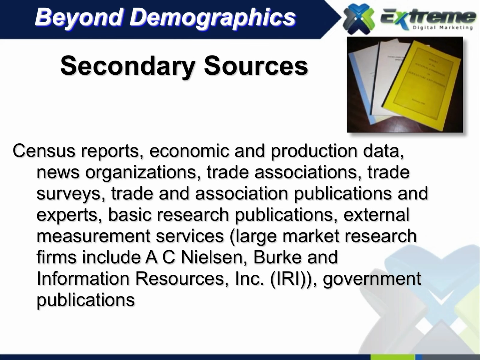So there are secondary sources that you can look to get good demographic information. For example, the census report. Coming up here real soon, it's going to be the best information that we've seen in over a decade. The problem is the census only really takes accurate count information on everything once every 10 years. It updates information occasionally, and it interpolates. It will take the 2000 numbers and look at the trends over the last 10, 20, 30 years and try to guess what 2009 is going to look like.